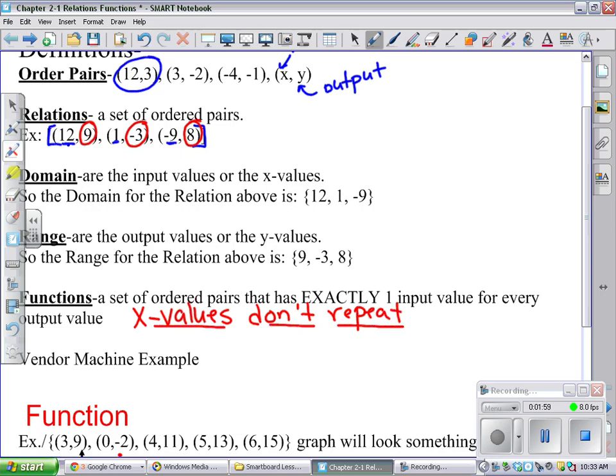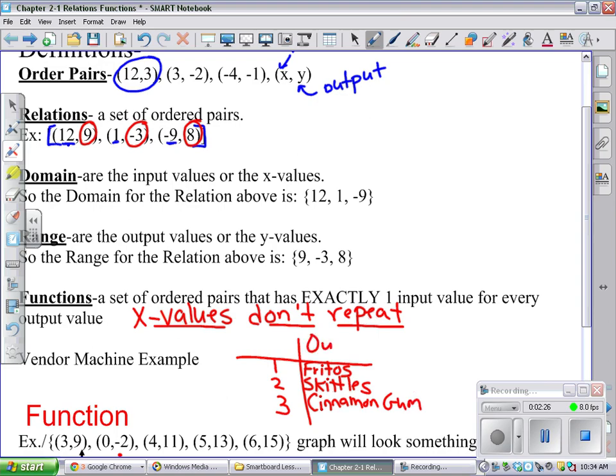So if you think about a vending machine, and let's say it's 1, 2, 3, and if I push 1, I get Fritos. 2, I get Skittles. And 3, I get cinnamon gum.